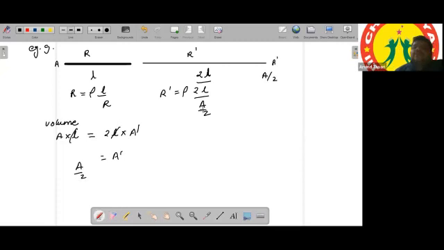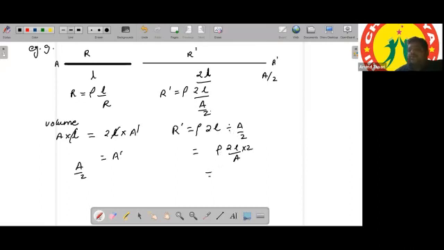So you get here, now this 2 will move to the numerator. How it moves, see. Many students still find it difficult. So rho, you write here 2L divided by A by 2. So this has to be divided by A by 2. Once you convert this divide to multiply, you get rho 2L over A, and this 2 will be on the top, 2 by A. Converting this divide to multiply.